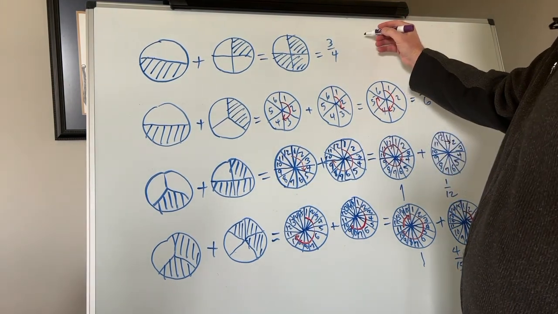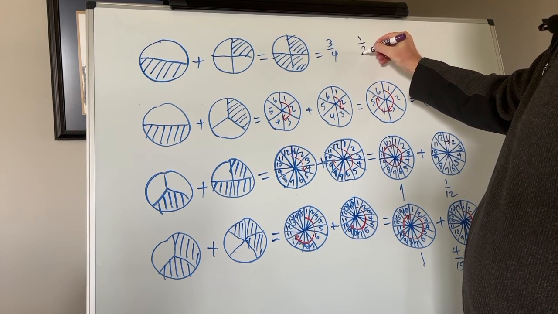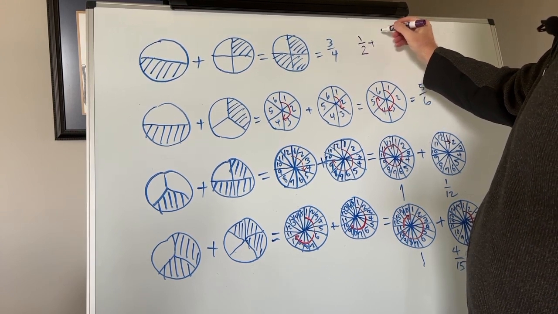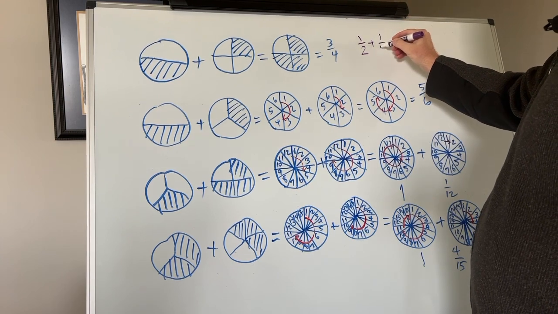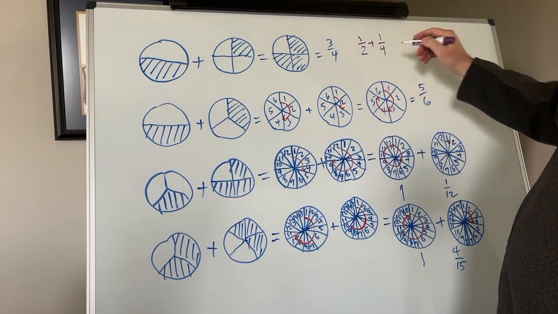So you have 1/2 plus 1/4. You need to find the common denominator.